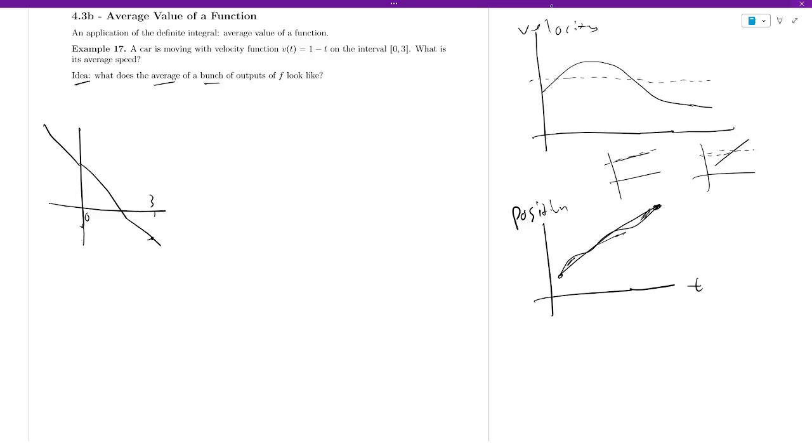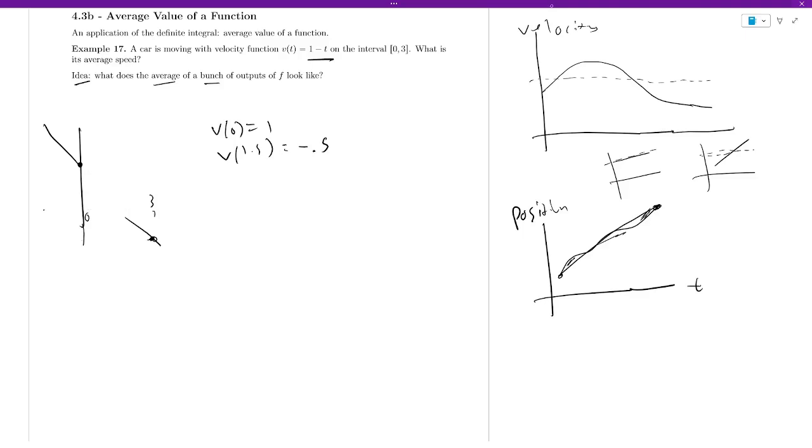So let's just sample some outputs, right? What's my speed at the beginning, what's my speed at the middle, and what's my speed at the end? At the beginning, v of 0 is 1, based on the formula. At the middle, which is, say, 1.5, my speed is 1 minus 1.5, so negative 0.5, which means my drawing here was not accurate.